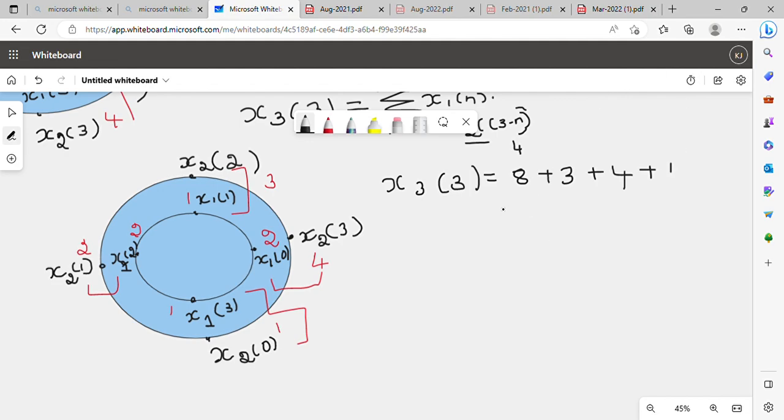So 8 plus 3 is 11, 11 plus 4 is 15, and 15 plus 1 is 16. So what is the resultant that you got? The resultant is 14 16 14 16. Did you get it? Yes, it is 14 16 and 14 16.